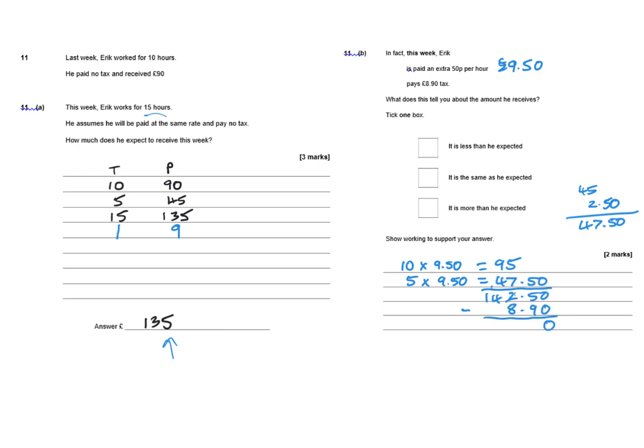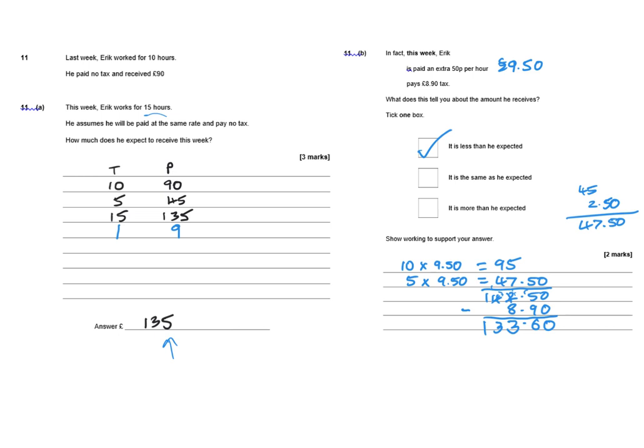Can't do 5 take away 9, so I'm going to do 15 take away 9 is 6. Can't do 1 take away 8, so I'm going to do 11 take away 8, which is 3. That's become a 3, so 3. So he expected to get £135, but only got £133.60, so it is less than expected.